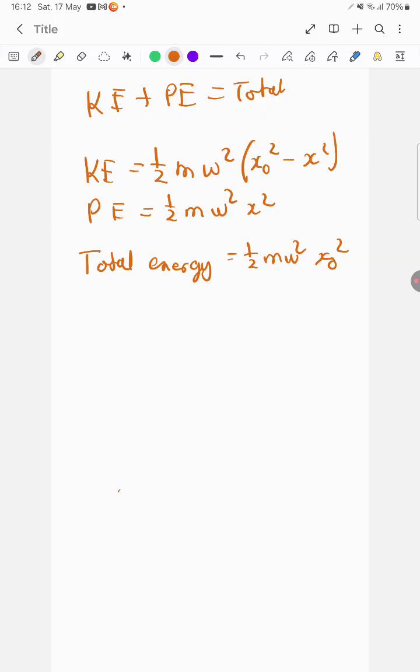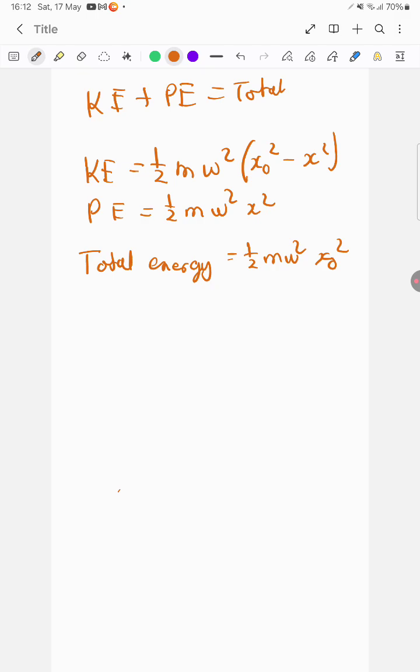But try and make sense of the formulae, rather than memorize them necessarily. Try and make sense of where they come from.